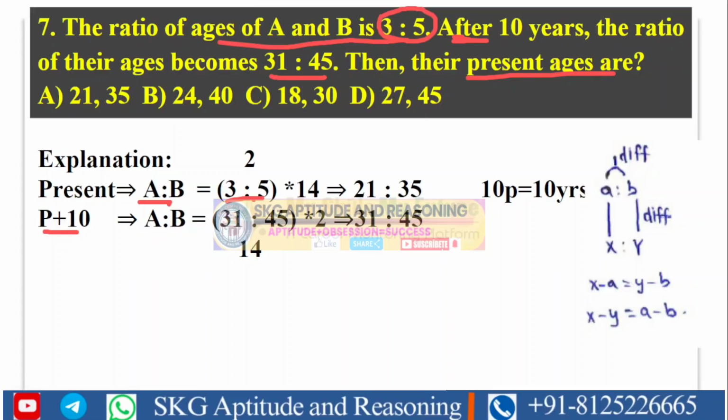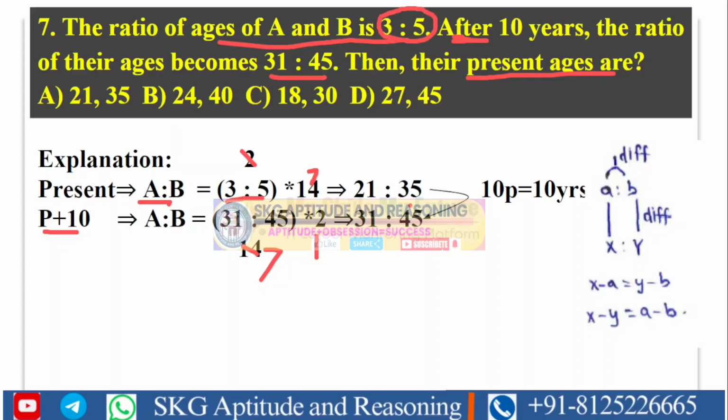So 3 is to 5, the difference is 2, and 31 is to 45, the difference is 14. Here the 2 ones and 2 sevens get cancelled. So this 7 is multiplied here, and this 1 is multiplied here. 7 into 3 is 21, 7 into 5 is 35, 1 into 31 is 31, and 1 into 45 is 45.